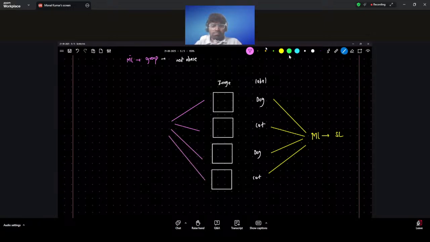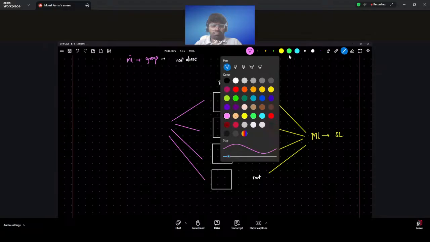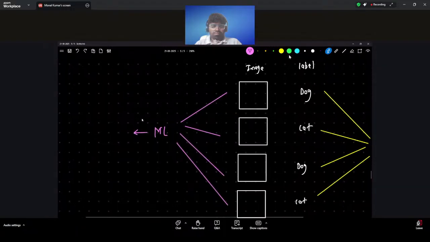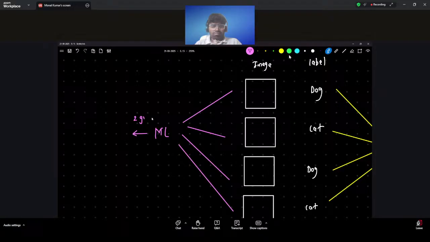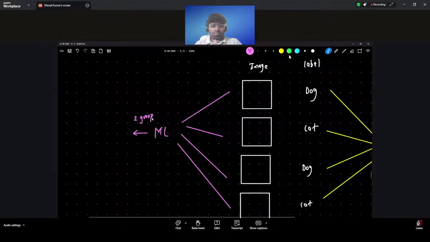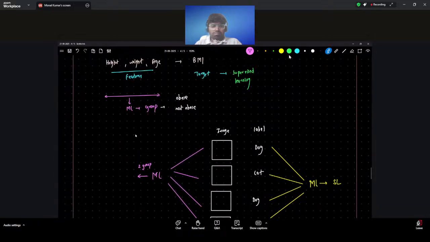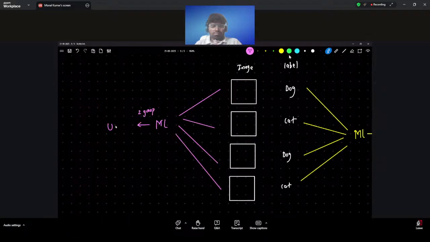I am passing only images to machine learning, and I will tell it just one input, that I want to divide them into two groups. I don't know which of them are cat, which are dog. There is no target. In machine learning, when we don't have a target, it is called unsupervised learning.